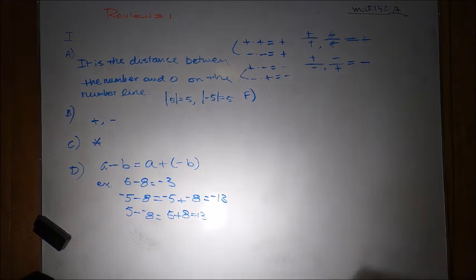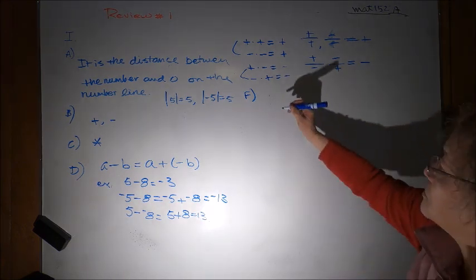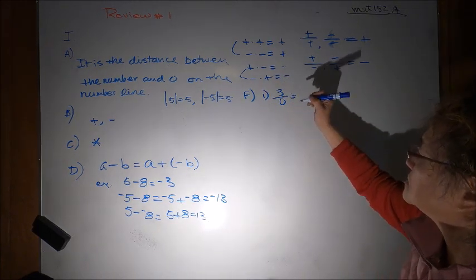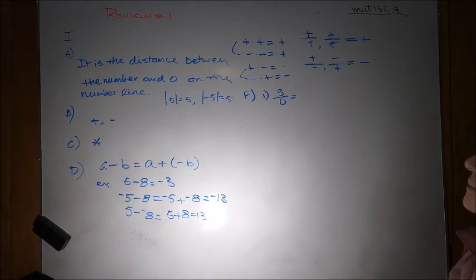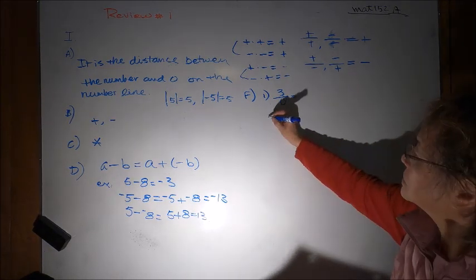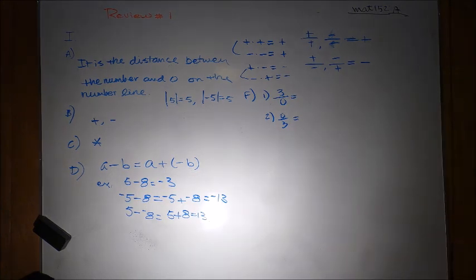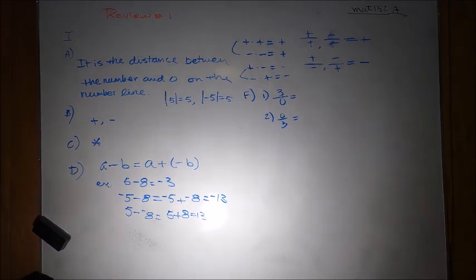If we have this one on your exam, we ask you what is 0 divided by 3, or 3 divided by 0. Which one is 0? We say, be a wiser miser, don't use 0 as a divisor.